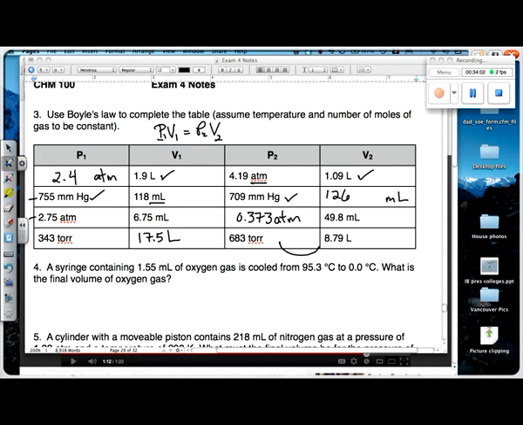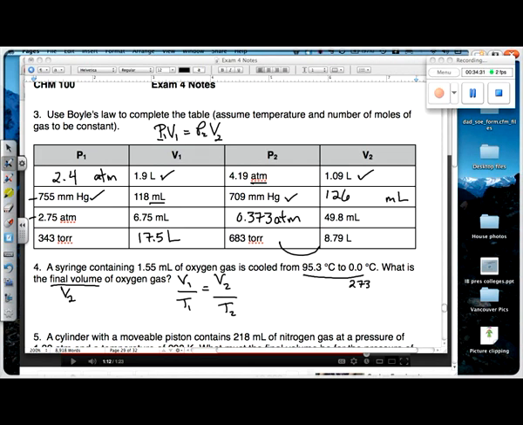All right, number 4, a syringe containing 1.55 mL volume, and I see 2 temperatures, and they want to know the final volume. So that'll be V2, and we are using, yes, you guessed it, Charles' law. Now, before we can plug in, we need to change these temperatures to Kelvin. All temperatures must be in Kelvin. So I'm going to add 273.15 to both.